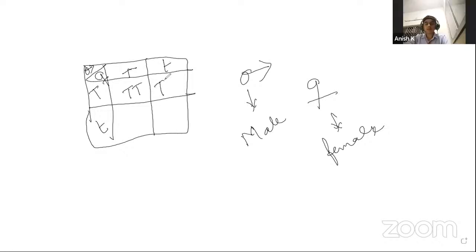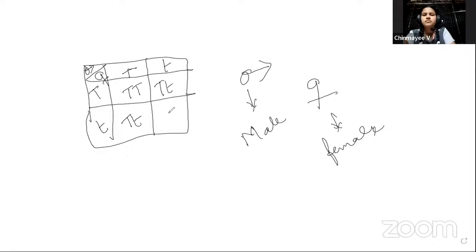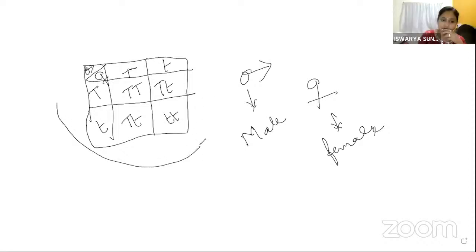Capital T, small t. What will come in this box? Capital T, small t. What will come in this box? Small t, small t. So have we cross-checked 3:1? Have we cross-checked 1:2:1? Yes. This one is called Punnett square.